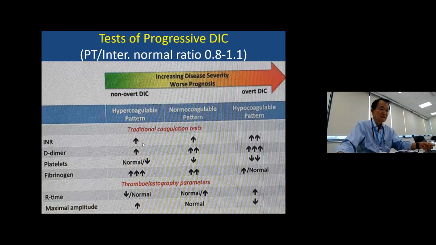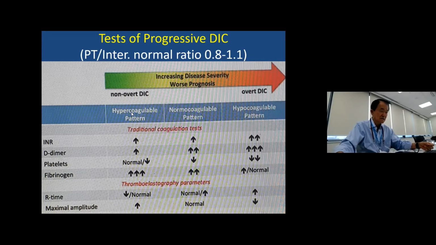If this is elevated slightly, that's hypocoagulable. And the D-dimer obviously is very continuously increased, and the platelet count shows a marked decrease. If there's not much platelet, there's no clot, so it's decreased. Fibrinogen is a marked increase in clotting.